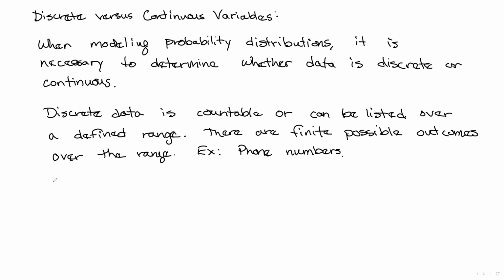All right, so let's compare that now with continuous data. Continuous data is not countable, or it cannot be listed.